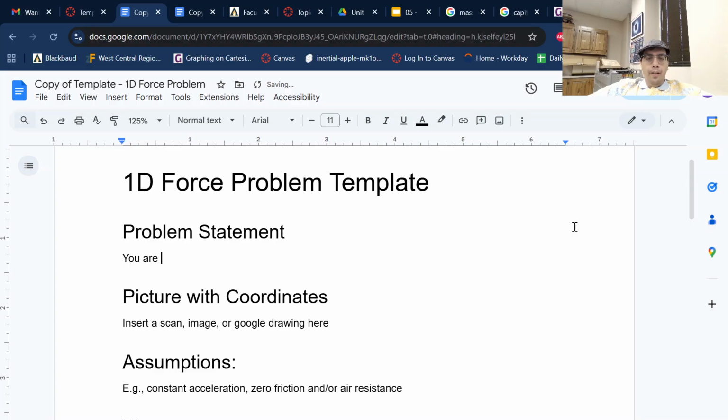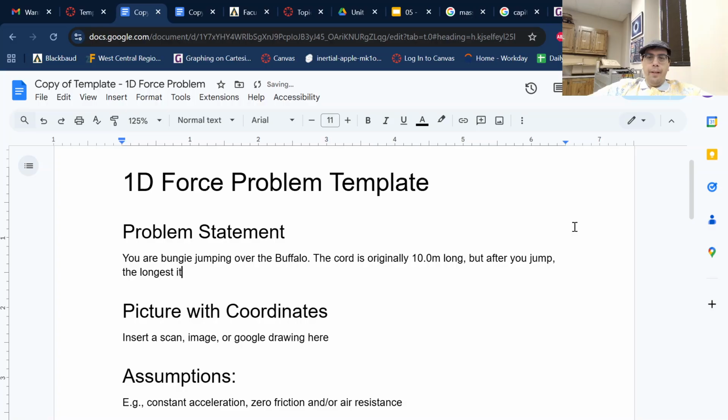You are bungee, is that how you spell bungee? Jumping over the buffalo. The cord is originally, what's a good made up length? Was long, but after you jump, the longest it gets is, what's a good number? They seem to stretch a fair amount.